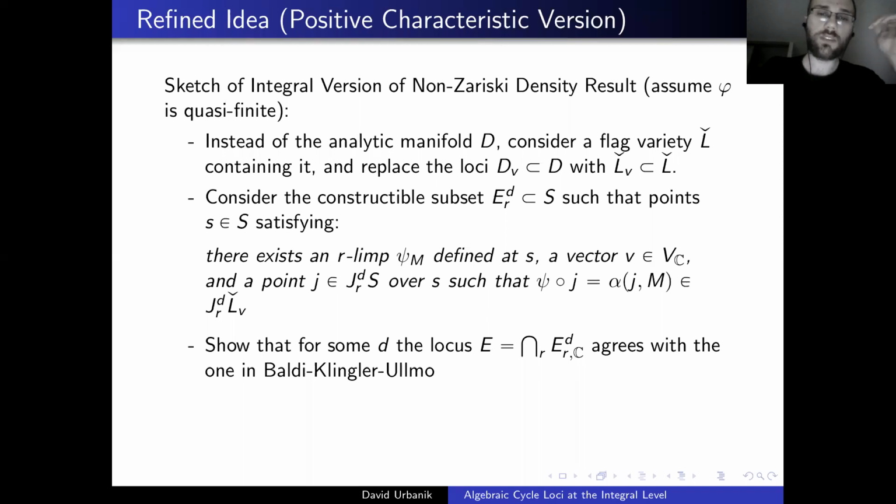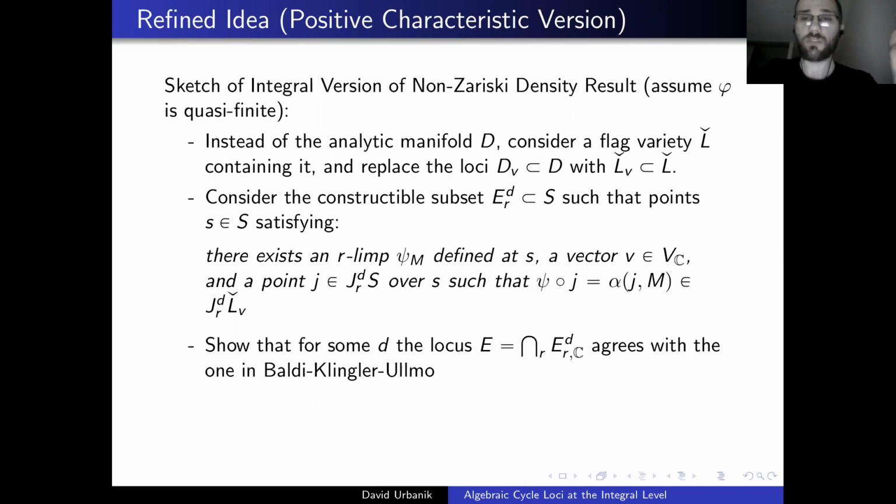And the point is that if you take D large enough, so like if the period map is quasi-finite, then you can take D equals 1, for instance, then the intersection over all R of the complexification of these loci agrees with the locus E in the Bakker-Klingler-Tsimerman argument. And what they showed is that that locus E was a proper Zariski closed subset.